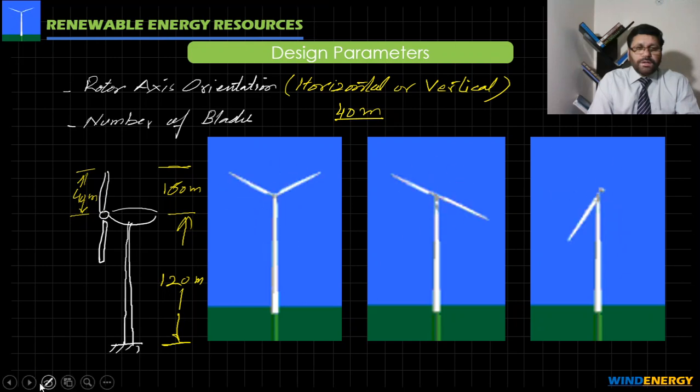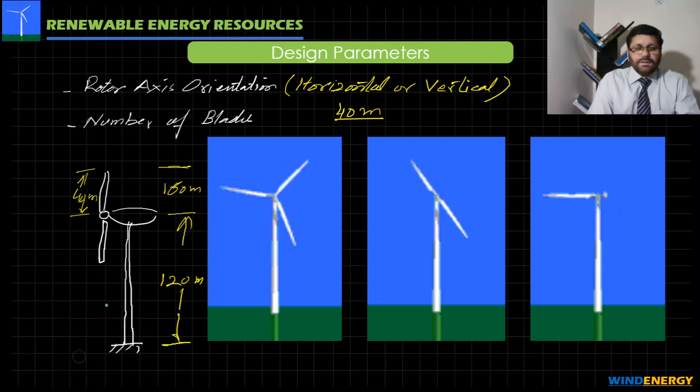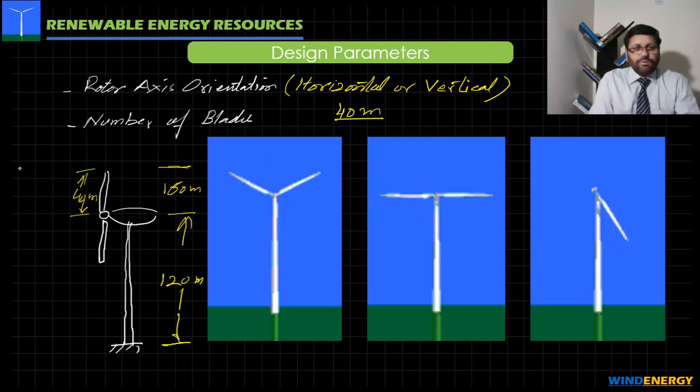Now let's see the wind velocity that would be at this 160 meter height from the ground. Let's say this is going to be v1, and the velocity we are having here, roughly at 80 meters from the ground, we are having this v2.